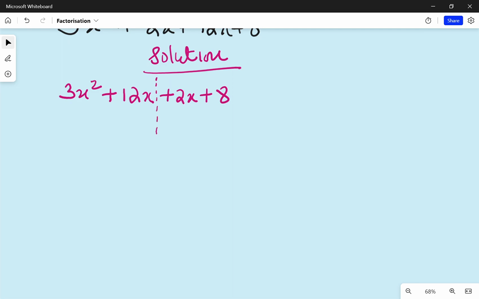I'll factorize this side and I'll also factorize that side. In the first part, what is common is 3, so 3 goes out.